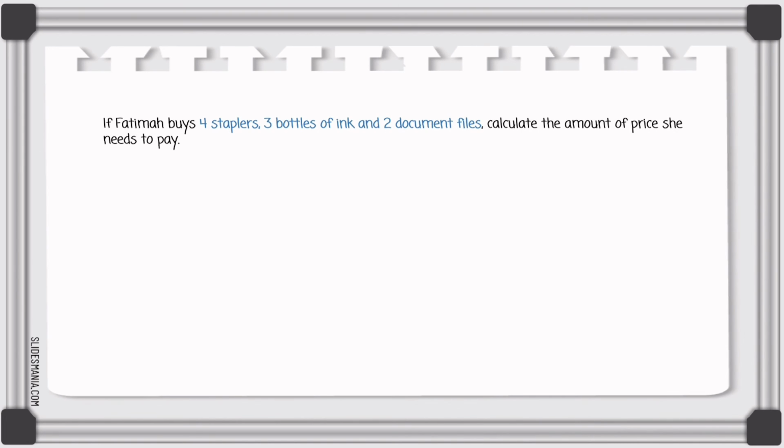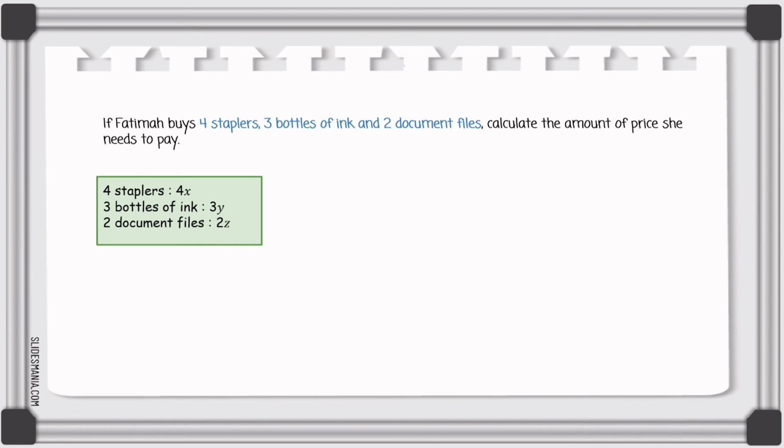But we have not yet fulfilled the question, as the question wanted us to find the amount of price Fatima needs to pay if she buys 4 staplers, 3 bottles of ink, and 2 document files. So basically, all we have to do is construct a new equation in terms of x, y, and z for it. 4 staplers is 4x, 3 bottles of ink is 3y, and 2 document files is 2z.